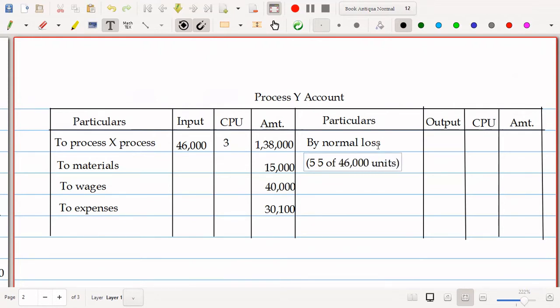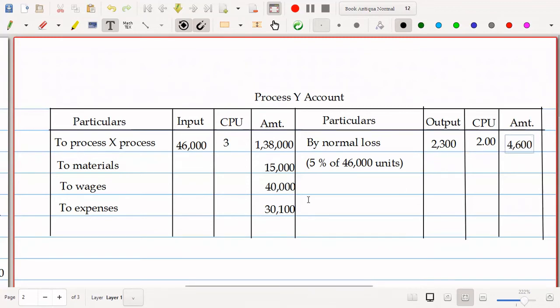It comes to 2,300. So 5% of 46,000 will come to 2,300. What is the scrap value? Scrap value given is rupees 2, and that will come to 4,600 rupees.